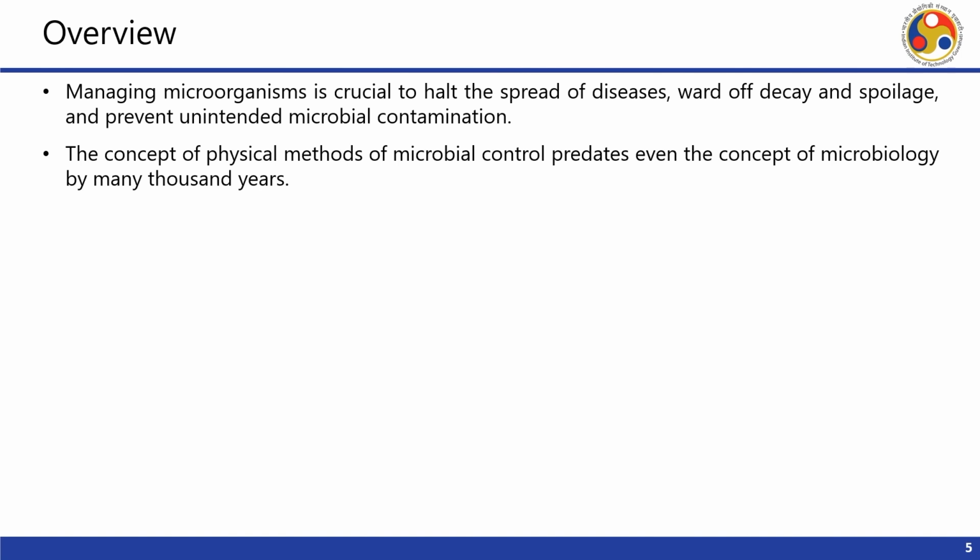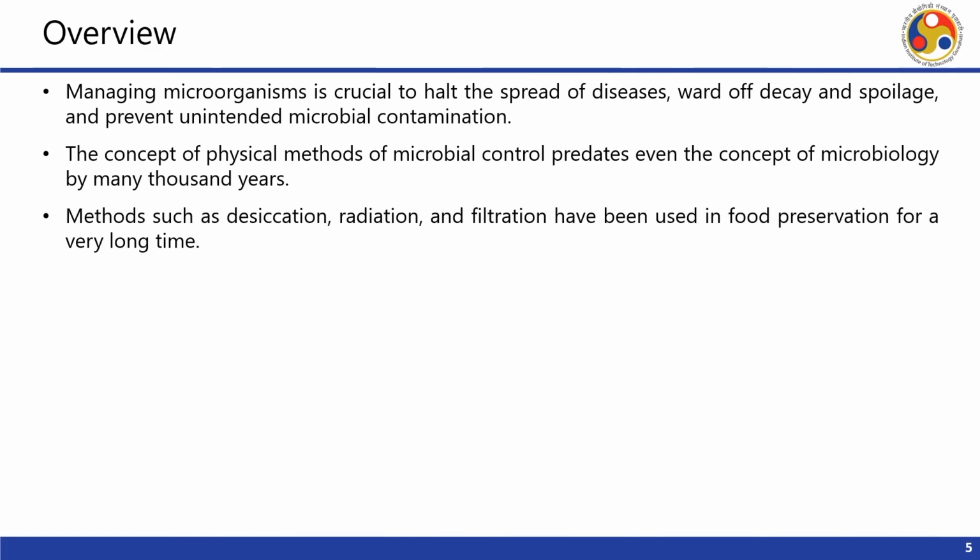Although people didn't know that microbes exist in this world, they had some kind of control mechanisms unknowingly. For example, people adopted desiccation and even radiation by drying food materials under the sunshine, and also filtration in food preservation for a very long time.